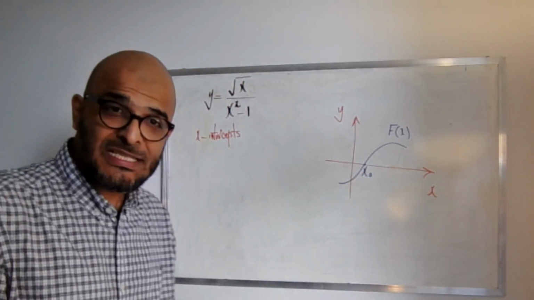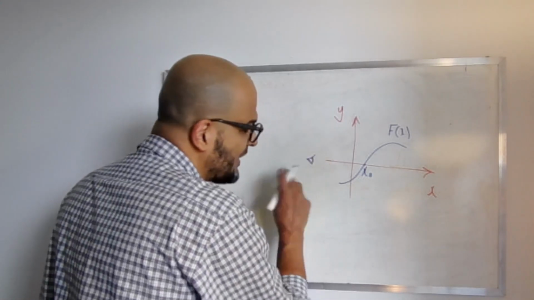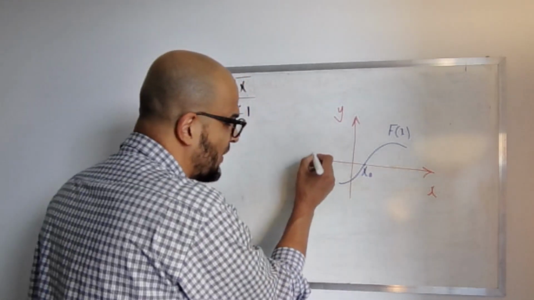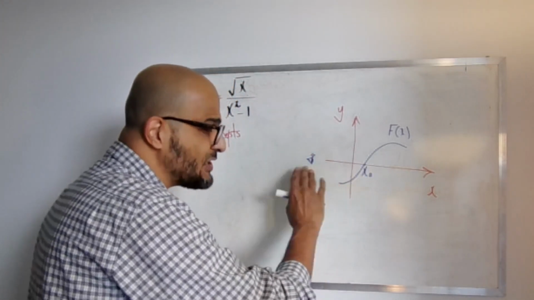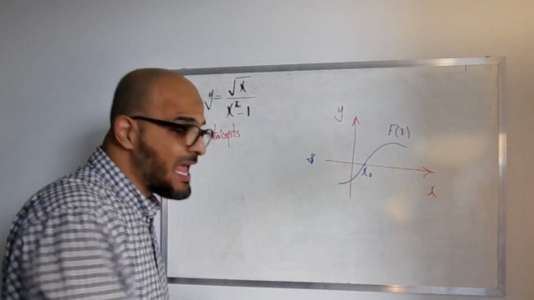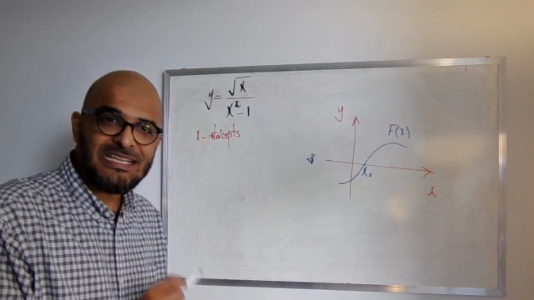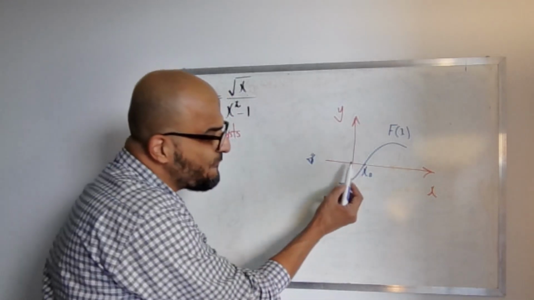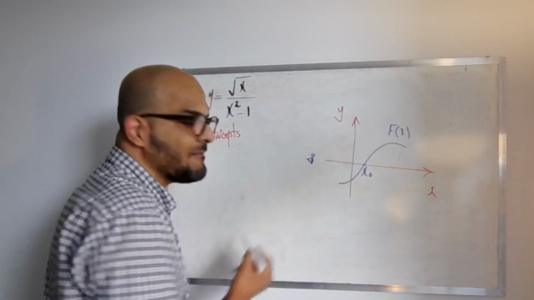What is interesting about that x0 is that when I look at the function along the x-axis from this direction, and focus at the point x0, which I'm calling the x-intercept, I see the value which I read for y is going to be 0.